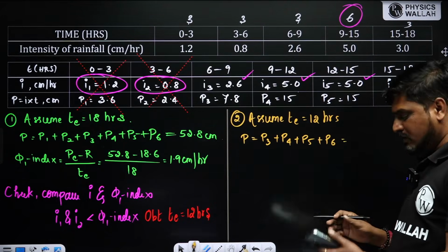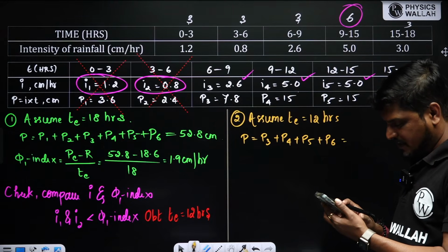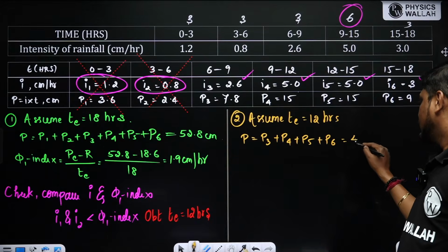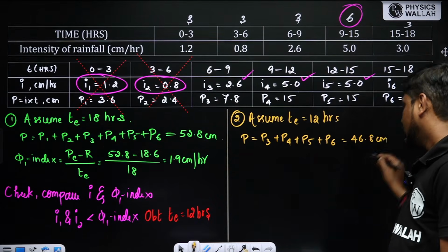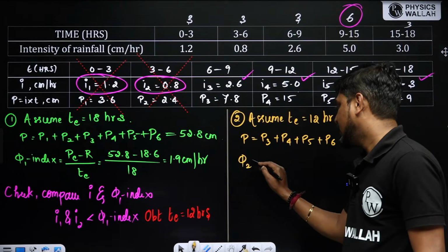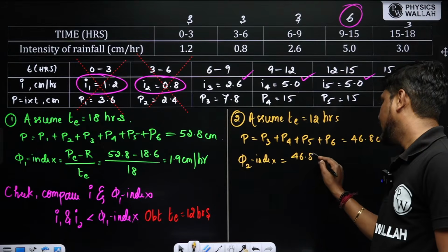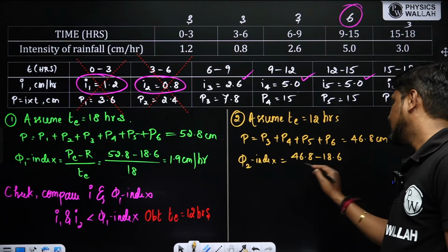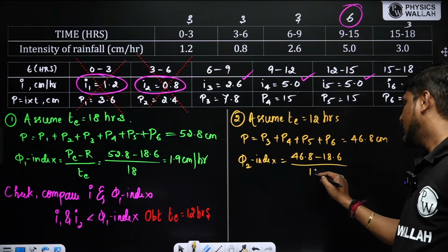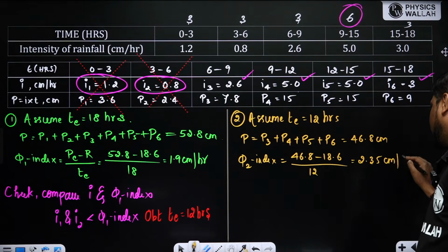Add all the values. So my calculated value is 46.8. Then calculate the phi index from the second trial. 46.8 minus 18.6 divided by 12. You will get 2.35 centimeter per hour.